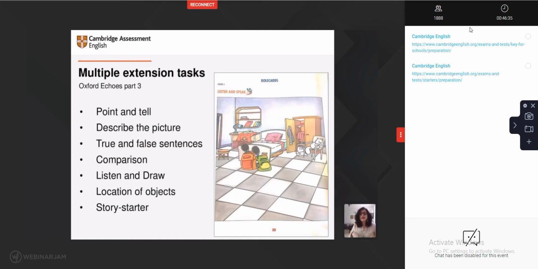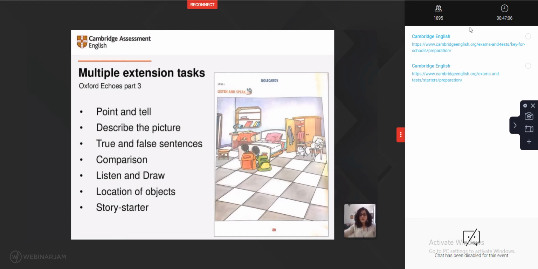So the drawing will depend on the accurate description by A. So it develops a lot of skills on A's part. A is giving instructions, A is positioning objects, so A is covering prepositions of place and adjectives and naming objects. And B is, of course, listening carefully, listening for detail, and representing it through a drawing.